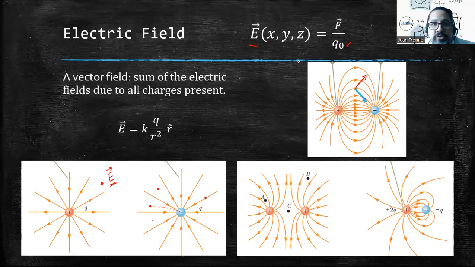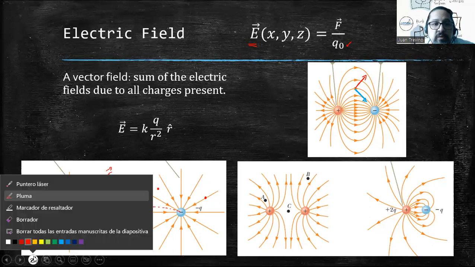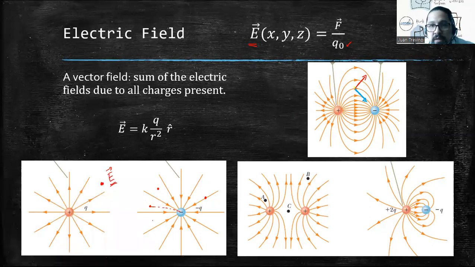So the vector addition of these two charges will be the arrow that is represented here. At the point that I selected it is to the right, but at any other point I would have to perform the vector addition that I talked about before, just the same way as I did with forces.